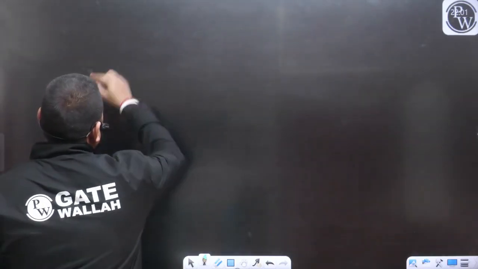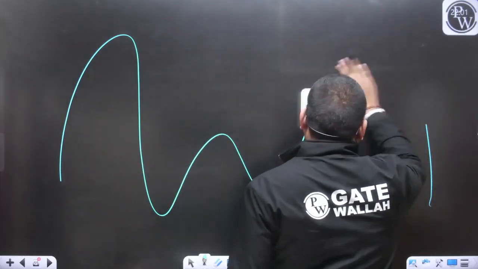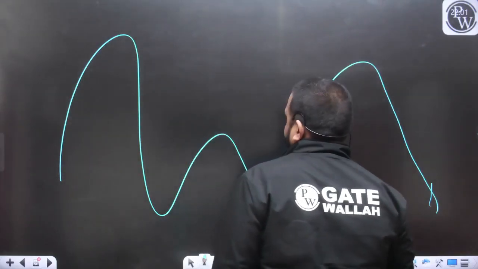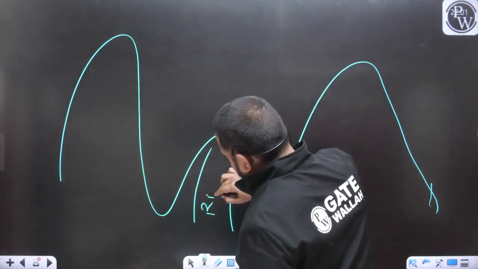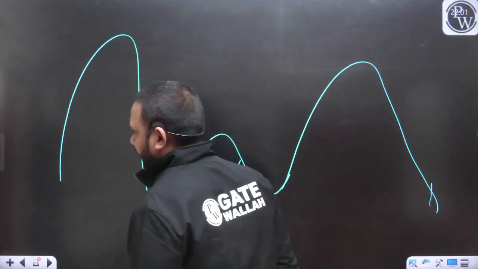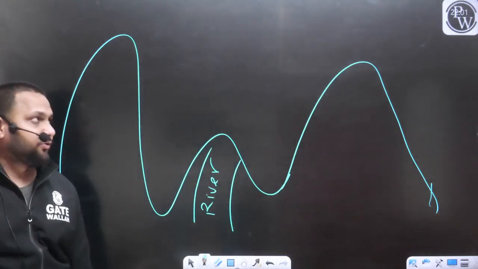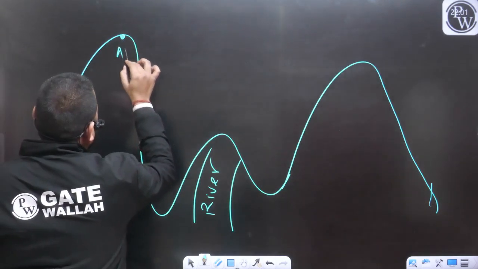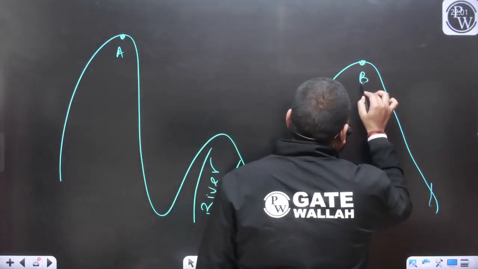Let's say, for example, there is a hilly area like this, or there is a river or obstruction like this. And let's say we have two points: this is point A and this is point B.